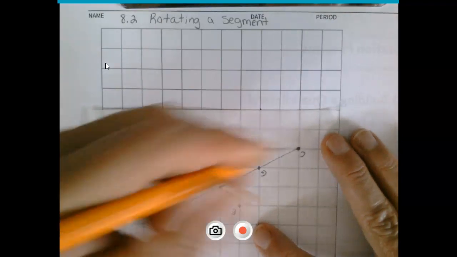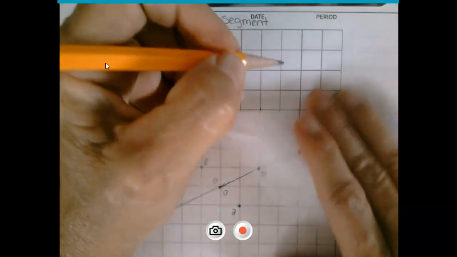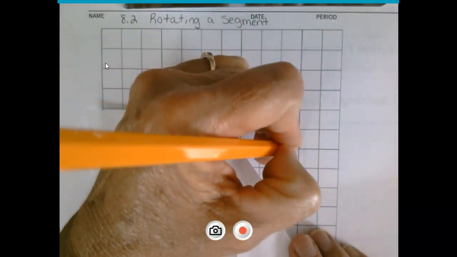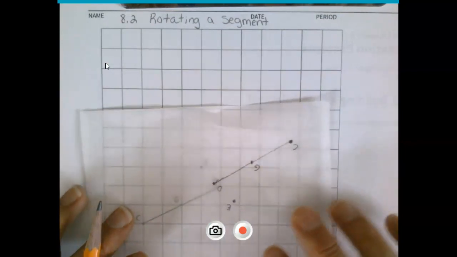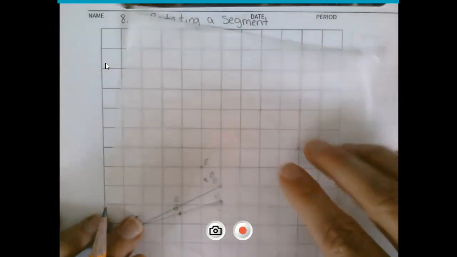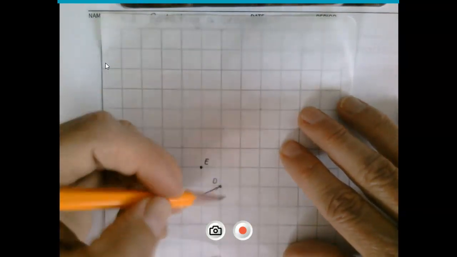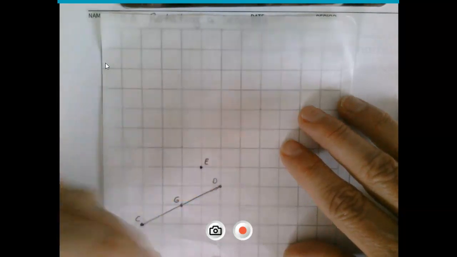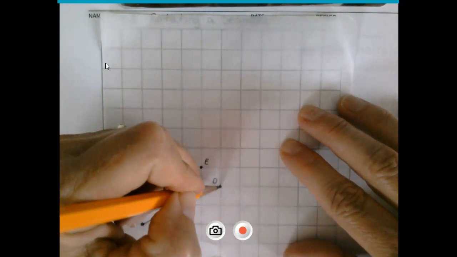So I'm just going to put a mark right here, and I'm not going to connect it yet until we can be sure that went through. We're going to be sure by going both directions and seeing what happens when we go the other direction. That was clockwise. So now let's try counterclockwise. So I'm going to put my pencil on center D again, because remember, it didn't tell us which direction to go, so we're trying both.